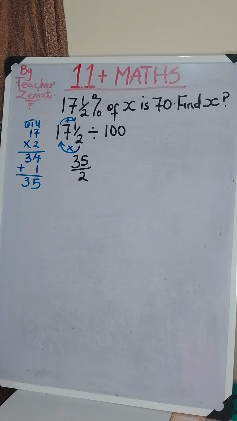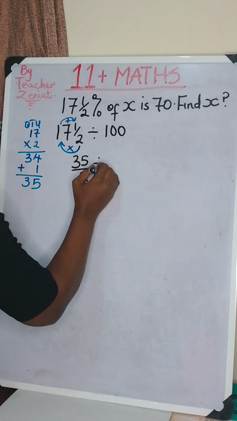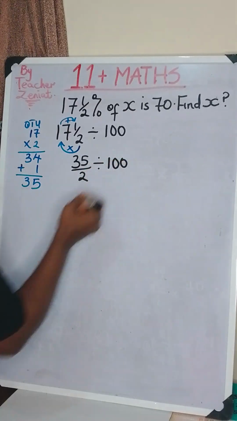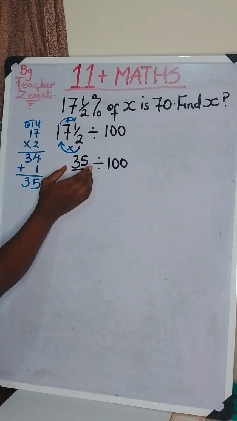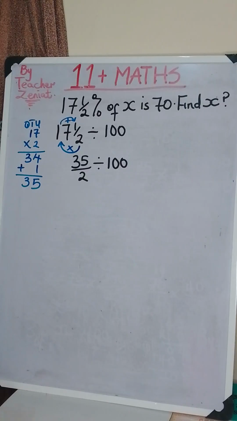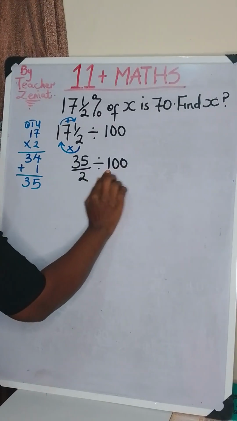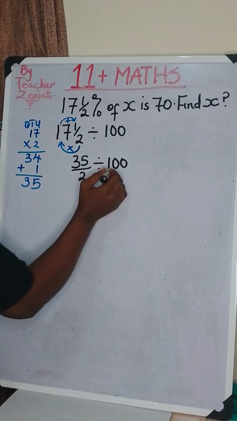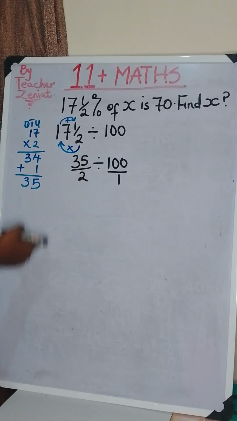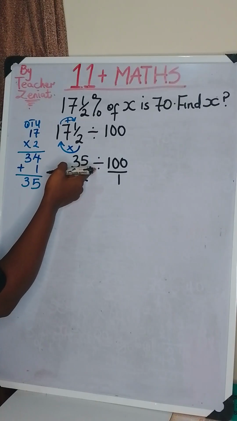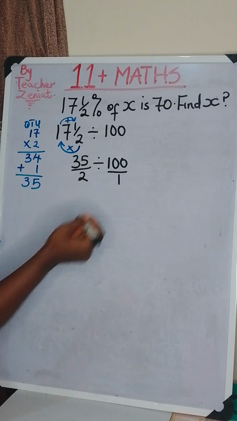But let's not forget our percentage, which is divided by 100. Now that we have divided by 100, there is something we must do. This part of the equation is in fraction, so we have to convert this other part to be in fraction by dividing by 1. But we can't work with this, so we have to change this division sign to a multiplication sign.